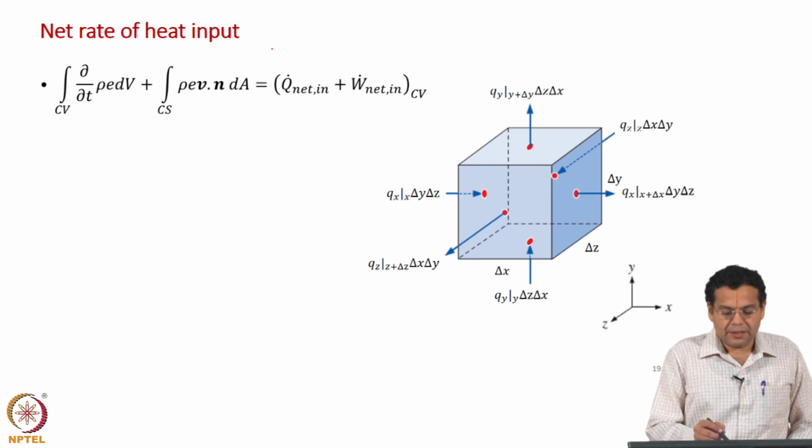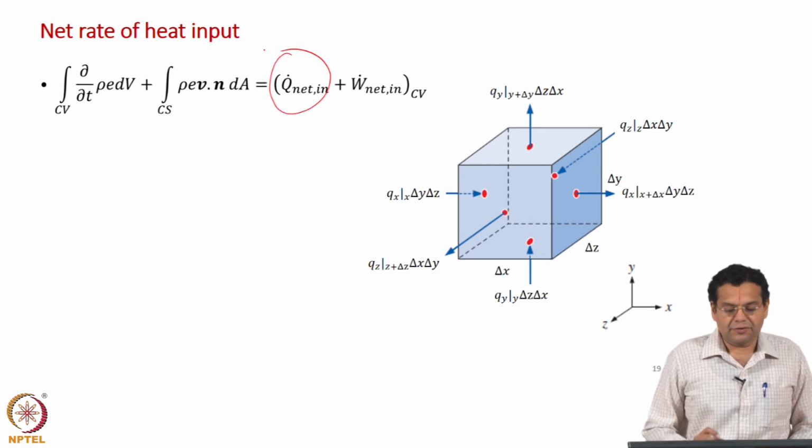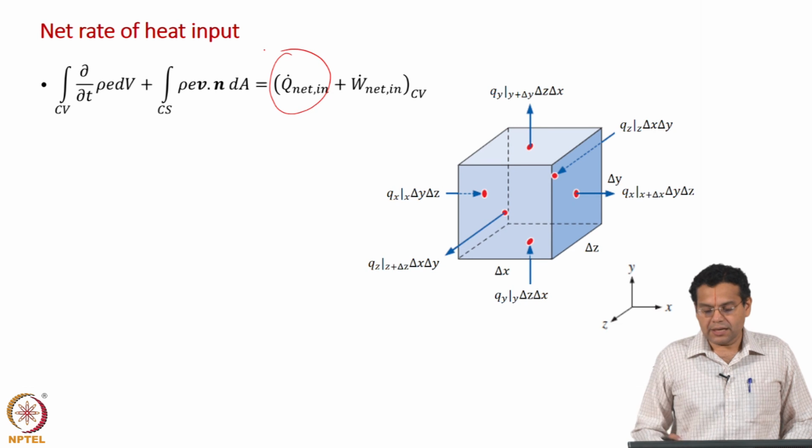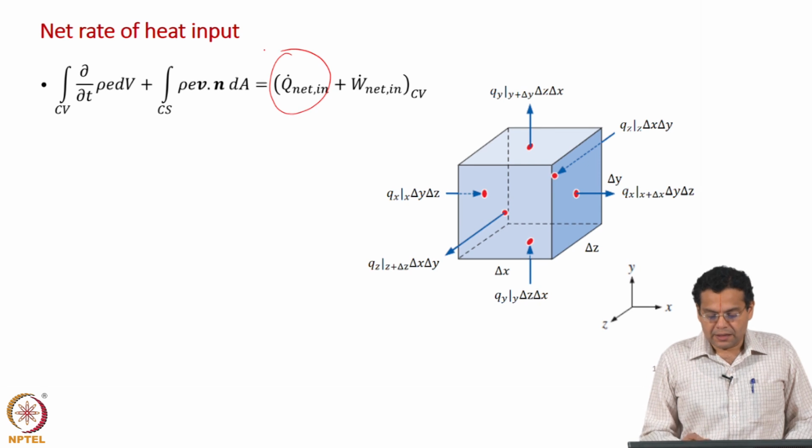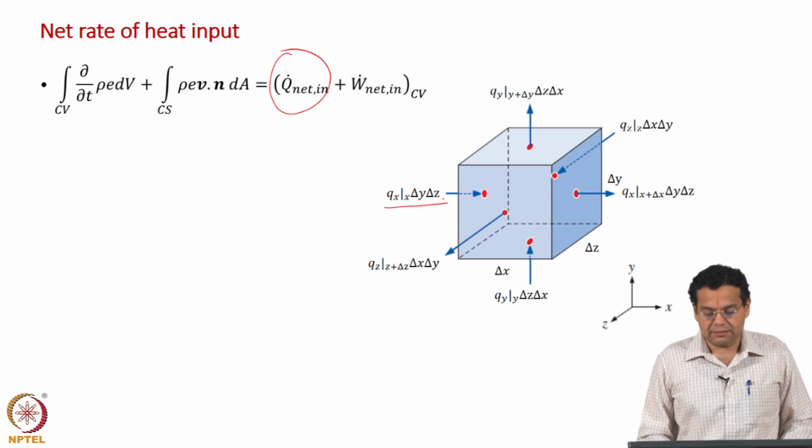Now our objective is to represent this rate of heat input through the control surfaces by conduction only, and that is what is shown in this control volume through these different terms. Here qx represents the heat flux in the x direction due to conduction.